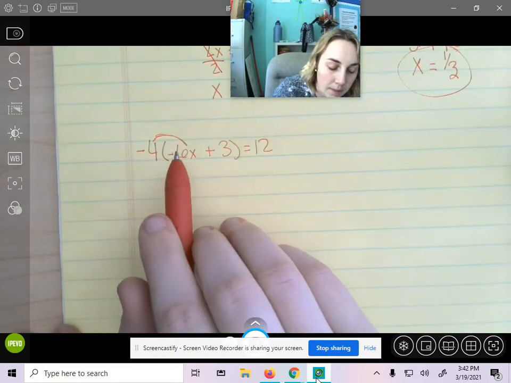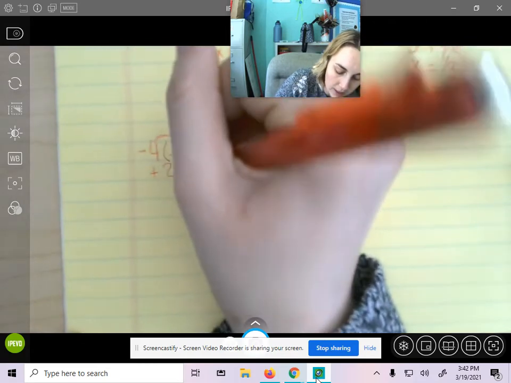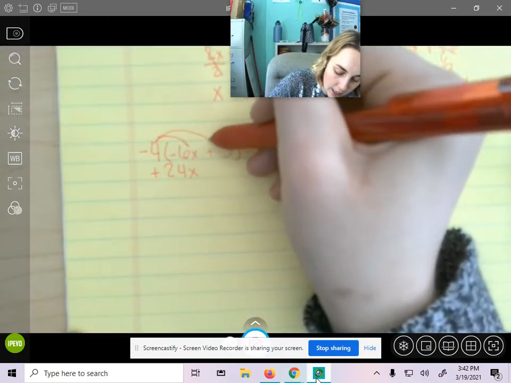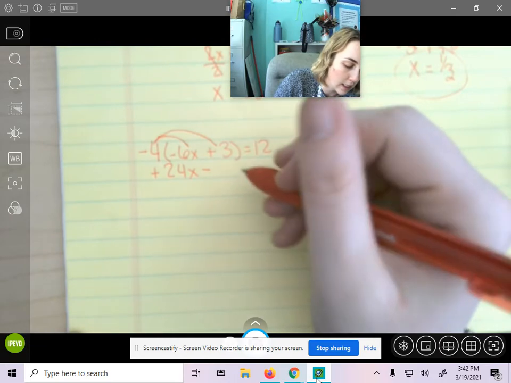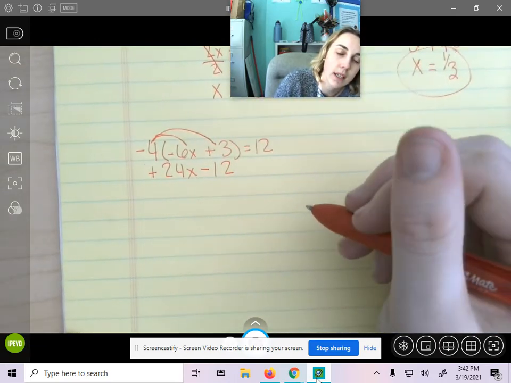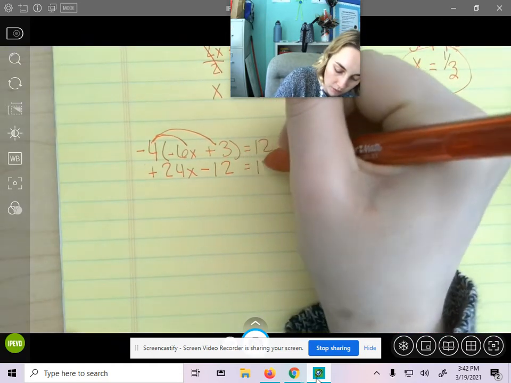Well, negative 4 times negative 6 is going to give us a positive 24x, because a negative times a negative is going to give us a positive. Negative 4 times positive 3 is going to leave us with a negative answer. And 4 times 3 is going to give us negative 12. And I'll bring down this equal to 12.